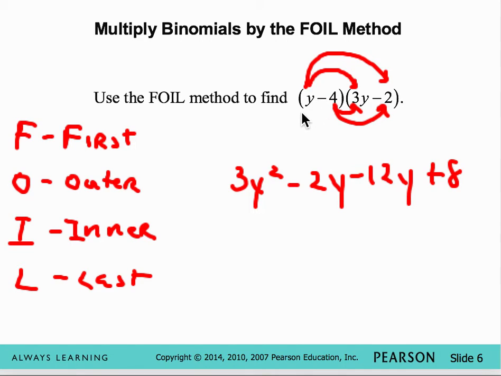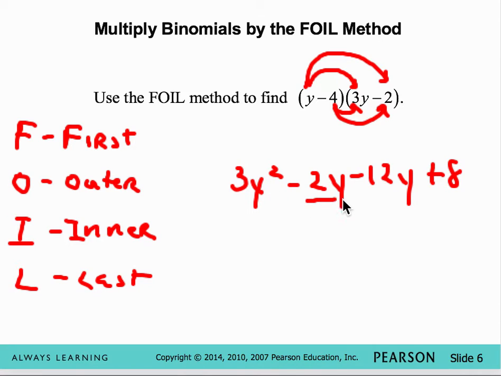So be careful about relying too heavily on just knowing FOIL. Instead, I'm always just going to use the distributive property. Now I might use the term FOIL just to mean multiply those binomials, but as far as the process, no, I'm going to just do like multiplying any size polynomial times any size other polynomial.